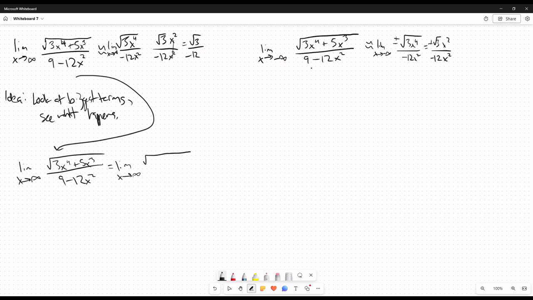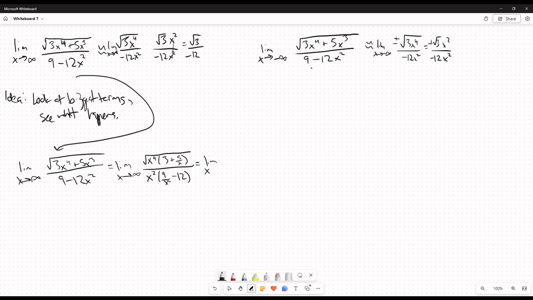While I'll sometimes multiply by 1 over x to that power, when you have the square root stuff going on, it's a little easier to think of it in that factoring way. So we'll factor out an x to the fourth, leaving 3 plus 5 over x in the numerator. In the denominator, we'll factor out an x squared, leaving 9 over x squared minus 12.